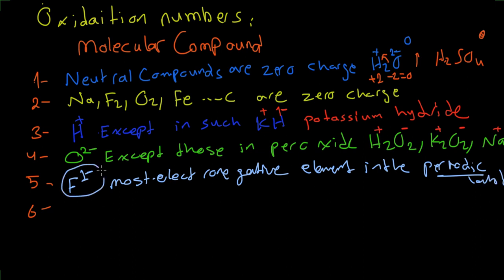The algebraic sum of the positive and negative charges in a compound must be equal to 0. Monoatomic ions have the same oxidation number as their charge: sodium plus 1 has oxidation number plus 1, and potassium plus 1 has oxidation number plus 1.